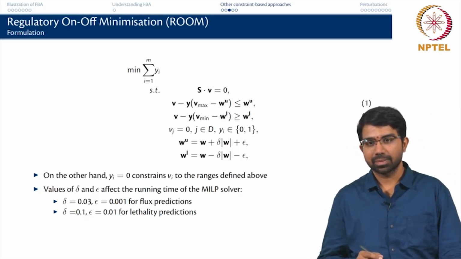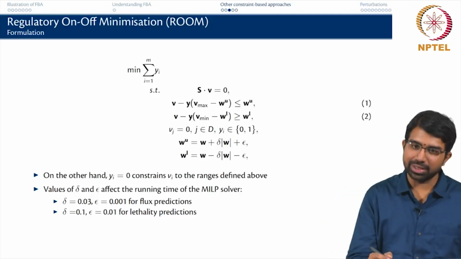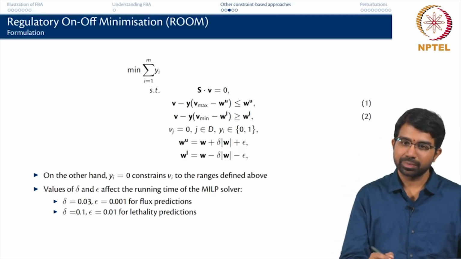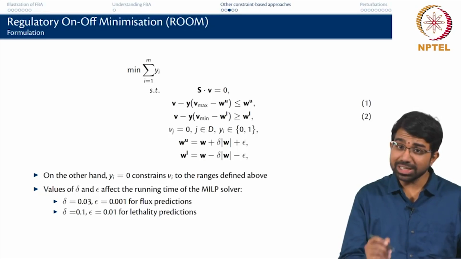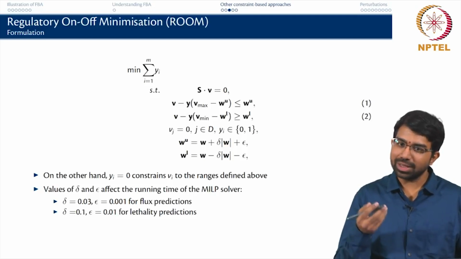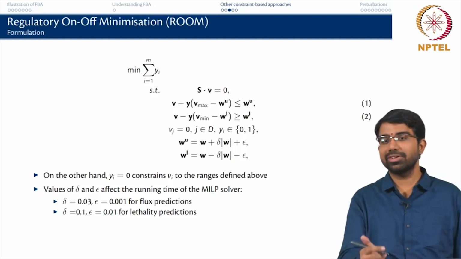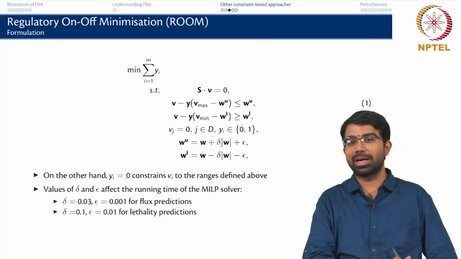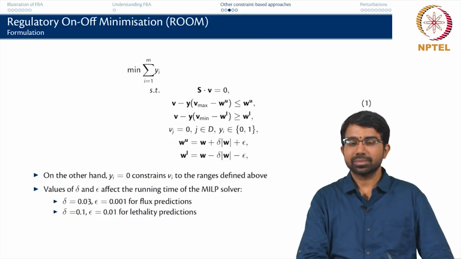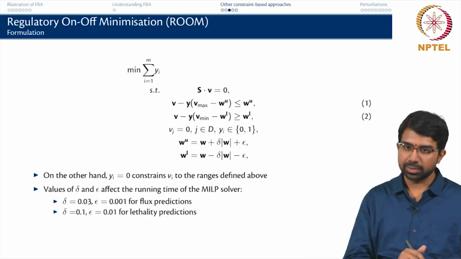Y is an additional variable. V is not integers. V are reals, that is why it is mixed, otherwise we would have called it an integer programming problem, IP.